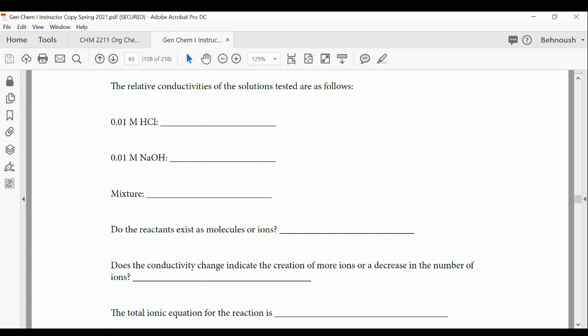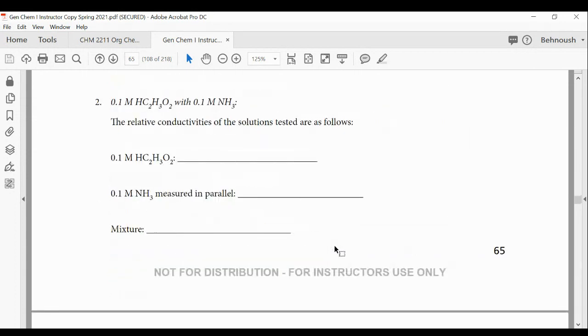It would be an electrolyte because sodium chloride is highly soluble in water. So both reactants and products are going to be electrolytes. In another example, ammonia is a weak electrolyte and acetic acid is a weak electrolyte. But the product, ammonium acetate, is an ionic soluble compound. Your reactants are weak electrolytes, but the product is a strong electrolyte.